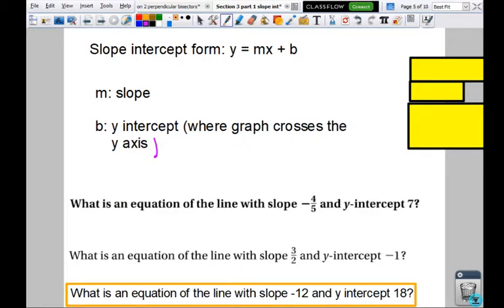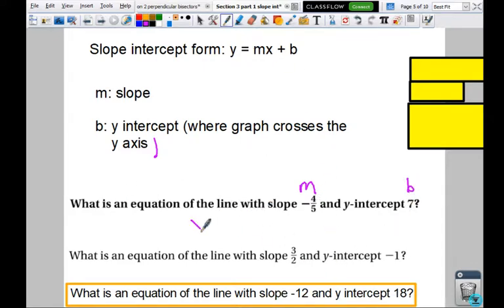So if I'm going to write an equation of a line with a slope of -4/5 and a y-intercept of 7, all I need to do is fill in -4/5 is my slope. That's going to go into my m. 7 is my y-intercept. That's going to go into my b. All I need to do is fill in m and b with these numbers.